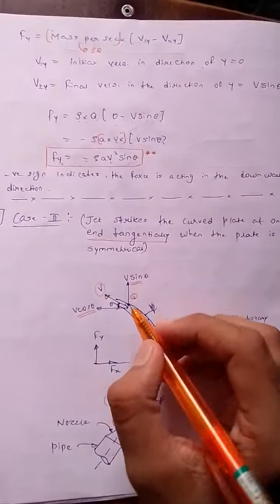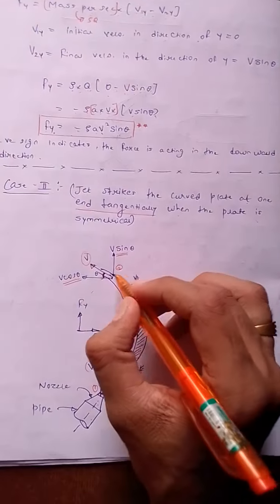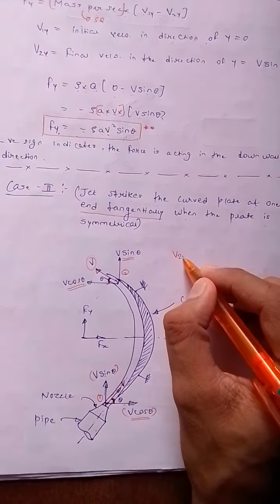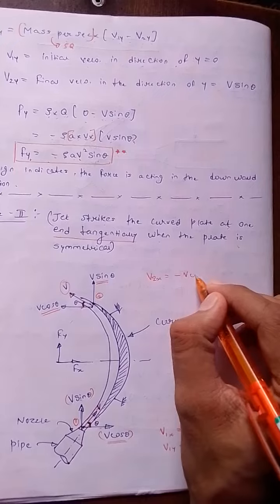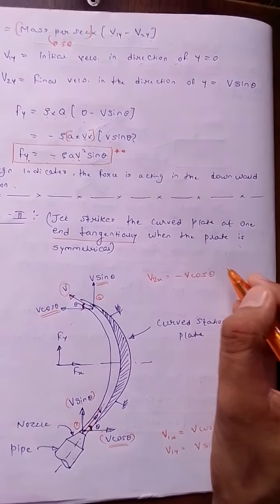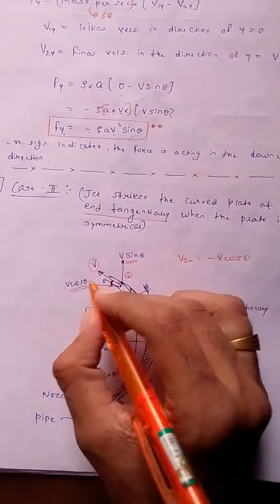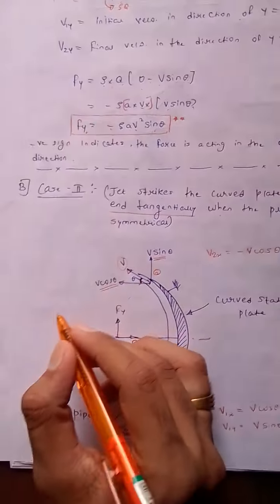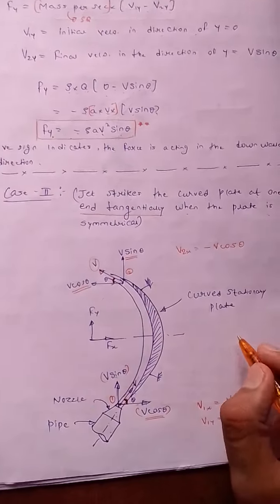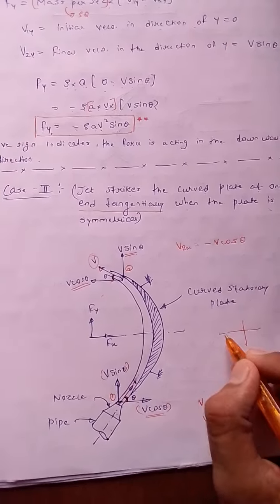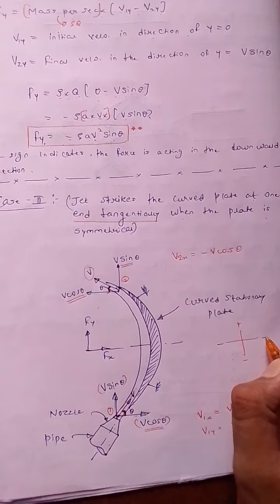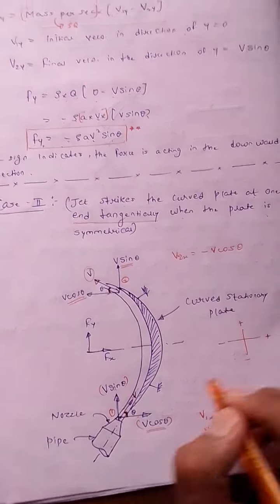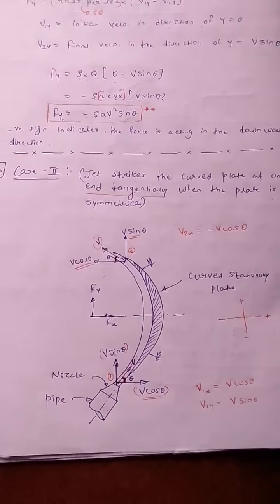And at the second point, v2x will be equal to minus v cos theta. Why minus? Because it is going to the left-hand side. So for that purpose we are using this sign convention: left side minus, downward minus, upward positive, right side positive, the standard sign convention.